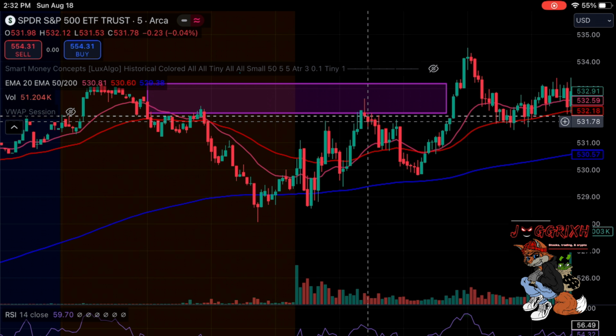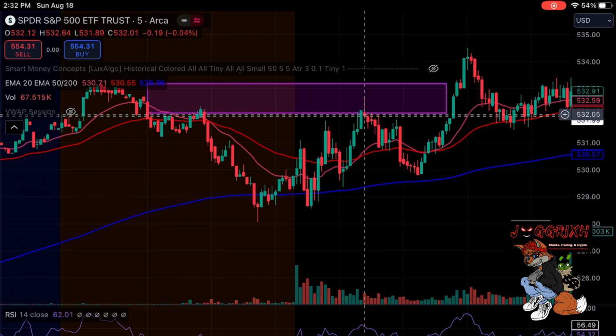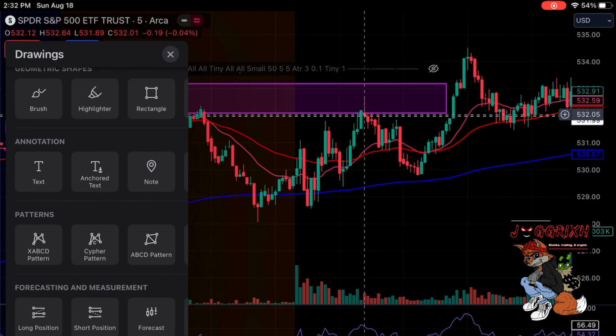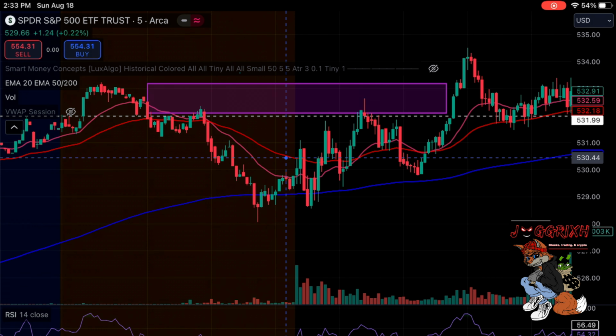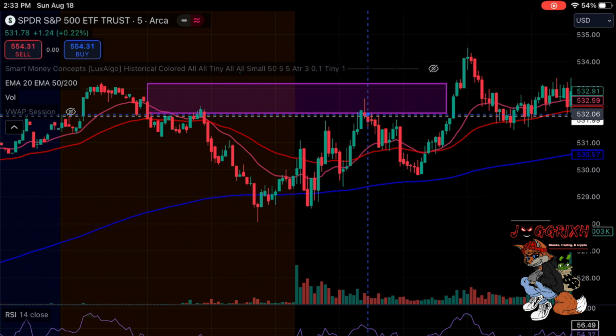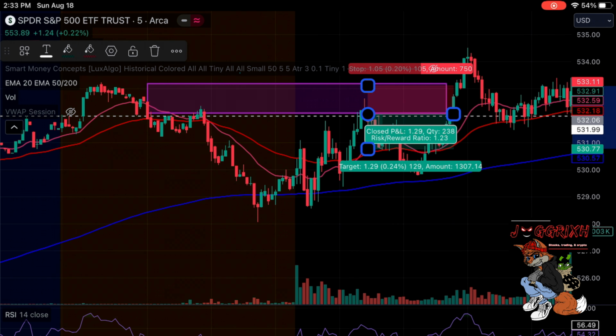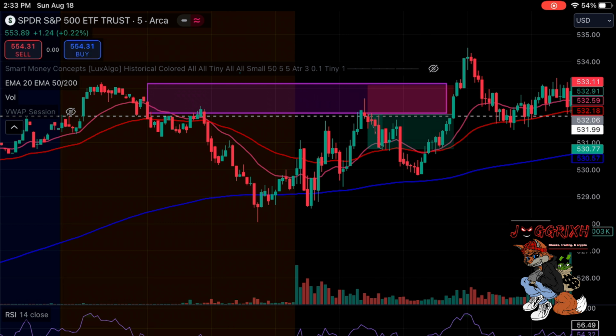Well, we would be saying a low of low in this scenario because we want to short the market. So if it came to here, let's go to the tools. I believe it's under forecast. Yes, short position. We'll put our stop loss somewhere around here and our reward down here.